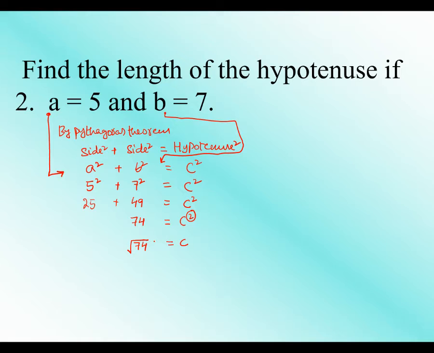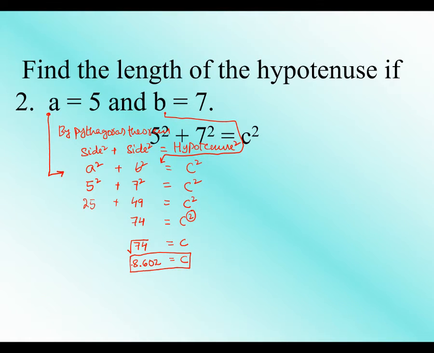So the square root of 74. Let me use my calculator. I got 8.602, so you may round it to 8.6. That's the value of c.